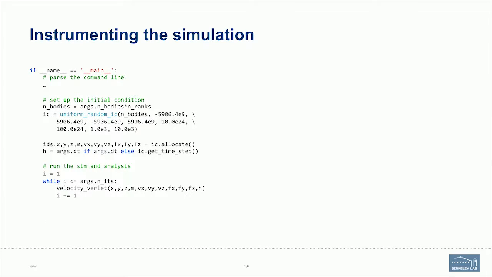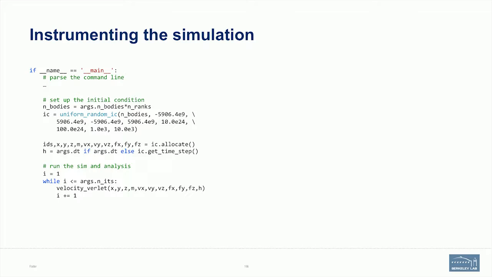So, instrumenting the simulation. Here's the Python main for the simulation. I've just omitted the command line parsing because it's configured from the command line options. The basic steps in the program: you parse the command line, you figure out how many bodies and ranks, and the initial conditions. It creates this uniform random IC, which creates a large mass in the center and then scatters random particles throughout the domain that you define.